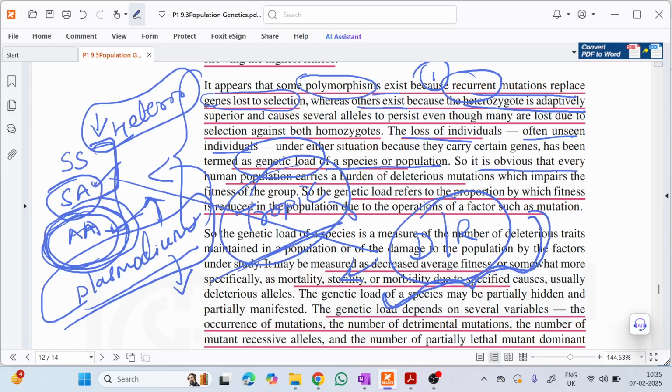It is also obvious that every human population carries a burden of deleterious mutations, as this is a classic example. So such a burden exists. The genetic load refers to the proportion by which fitness is reduced in the population due to factors such as mutations. So it's another way of defining what genetic load is. All in all, genetic load is the presence of those alleles which reduce fitness.